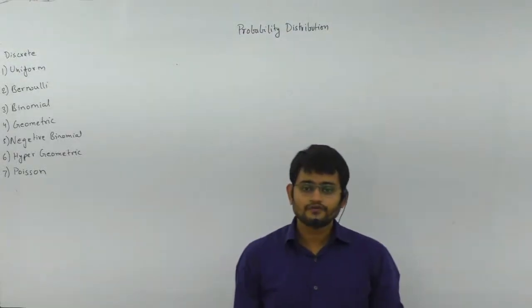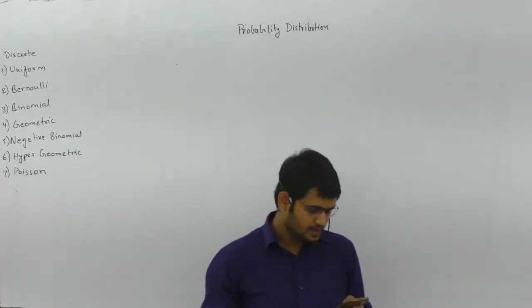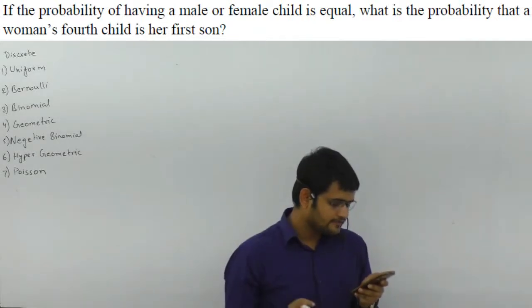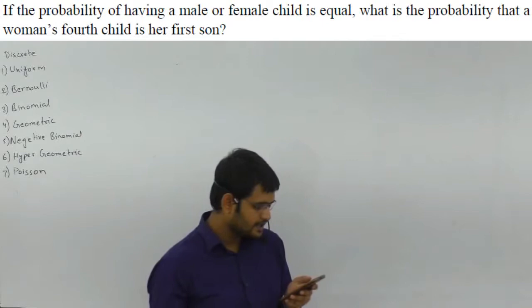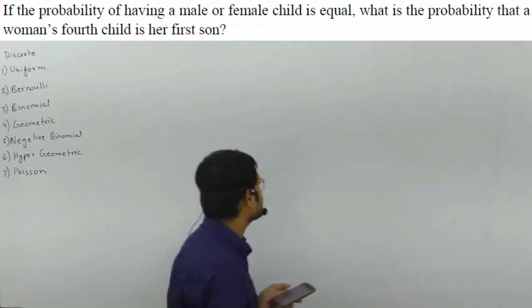Now let's do a few sums on this property. First of all, a geometric distribution sum. The question reads: if the probability of having a male or a female child is equal, what is the probability that a woman's 4th child is her first son?